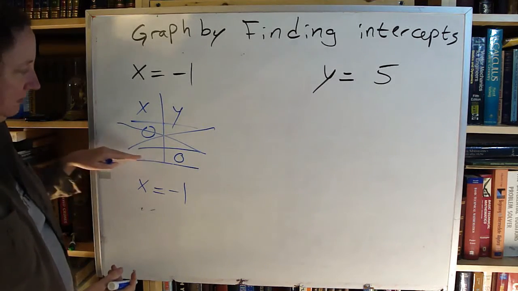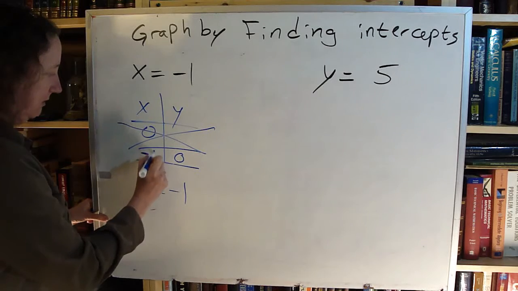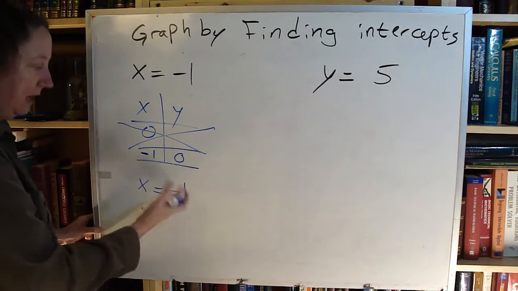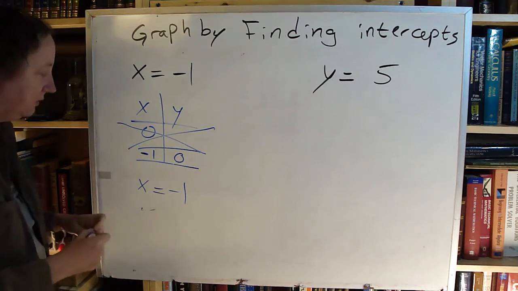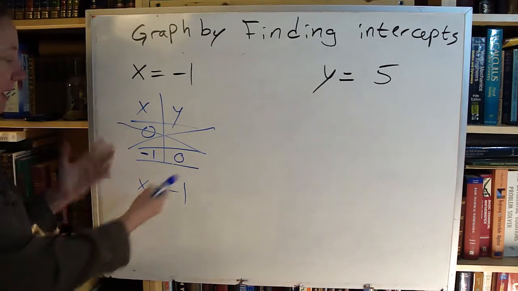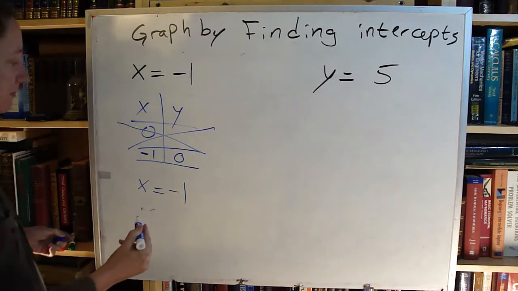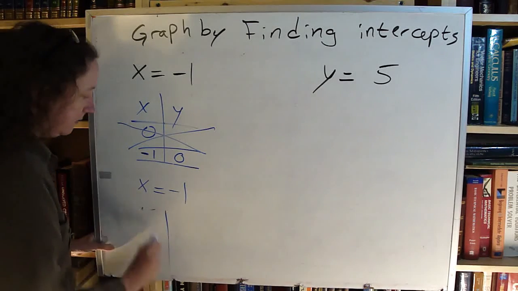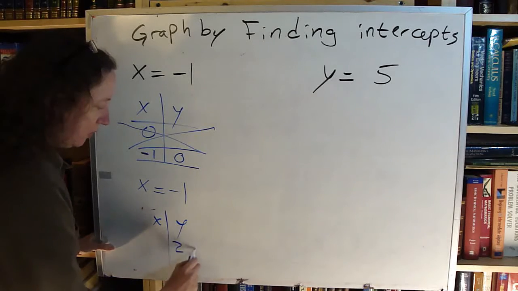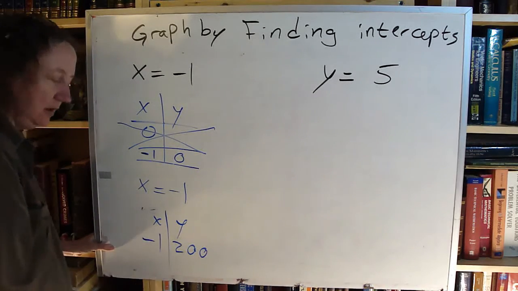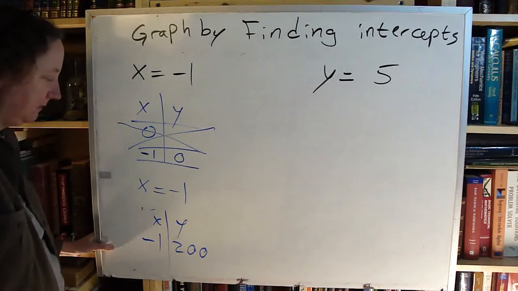So this x is going to be negative 1 because it says that x is negative 1. There's nothing about the y. I can't use the y. It doesn't matter what the y is. I could make the y 200 if I wanted to. X is still going to be negative 1.